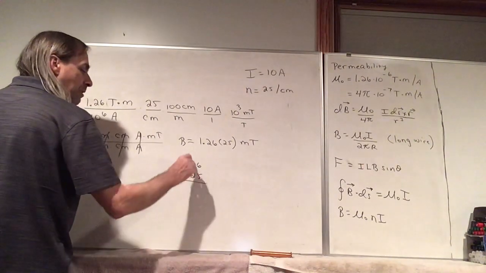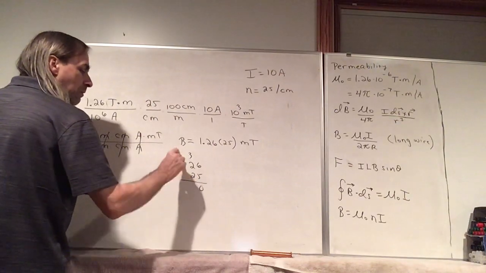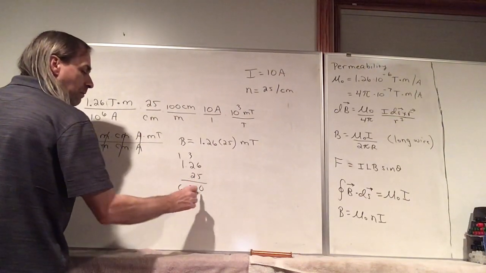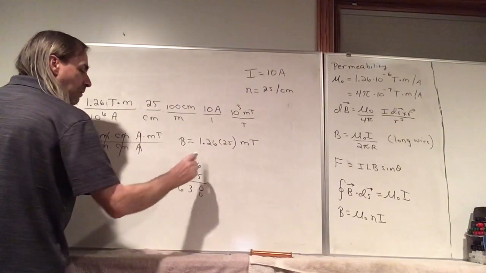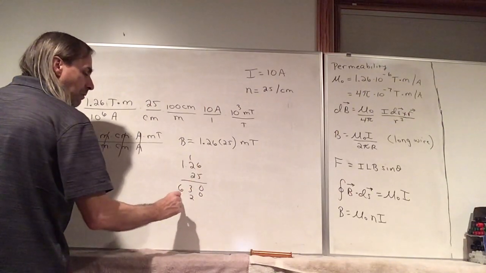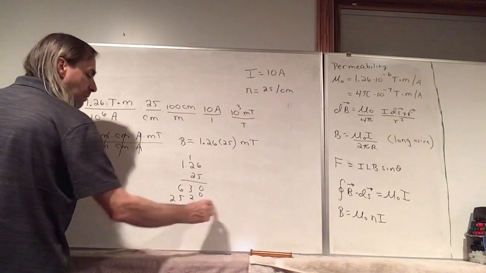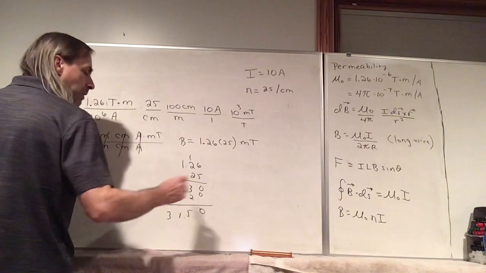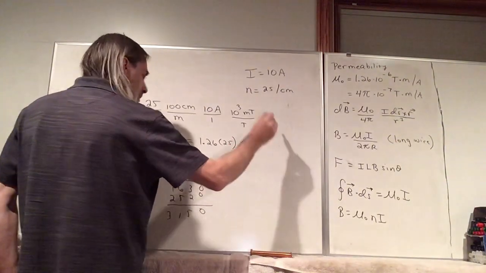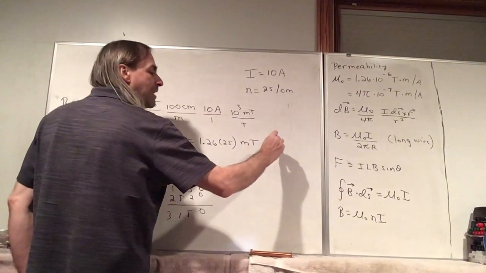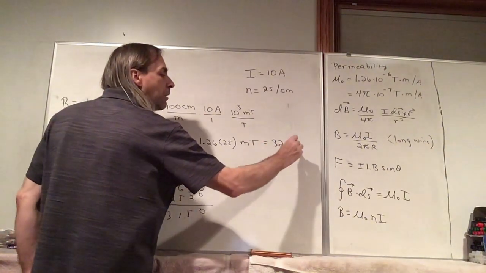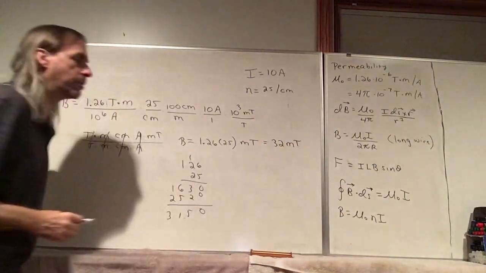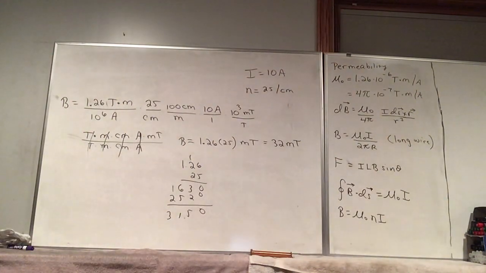Probably a little bit easier. So what we're getting is 31, let's just say 32 milliteslas. So that's what we get inside the solenoid.